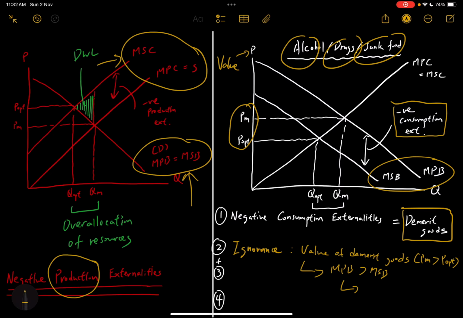When you look at the quantity labels, you can already see that from the individual perspective, the quantity would be QM, but from the society's perspective, it's just QOpt. So which one is bigger? Well, I think you know the answer. QOpt obviously has a smaller number compared to QM.